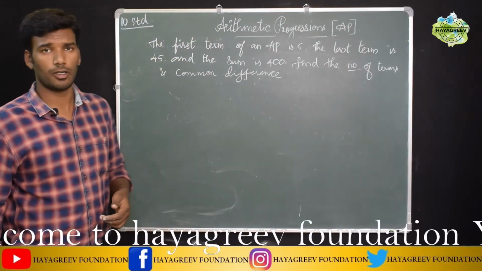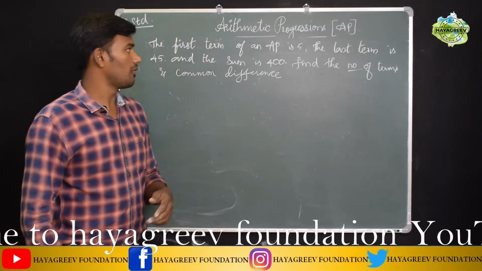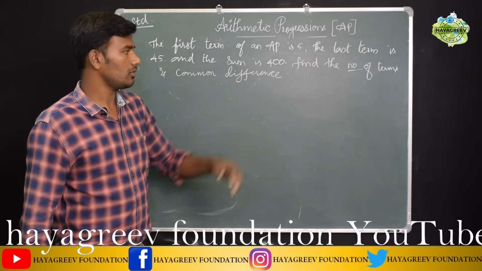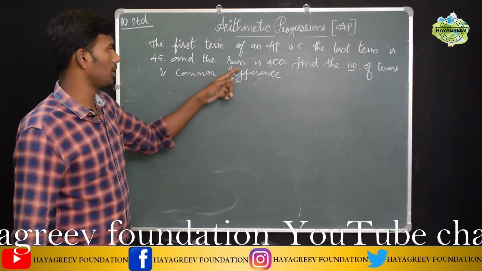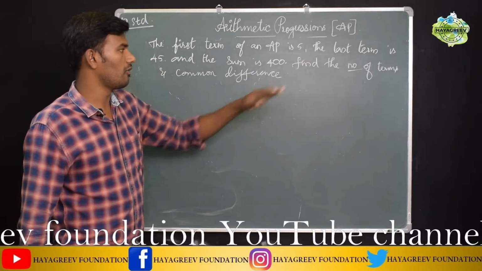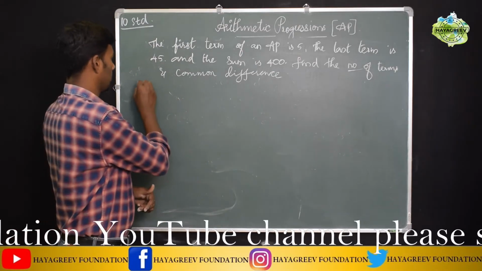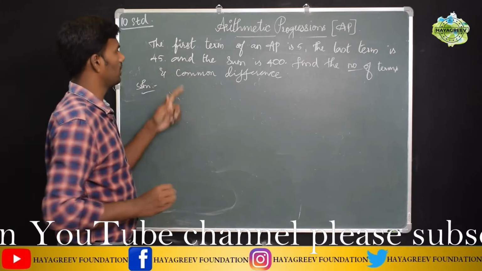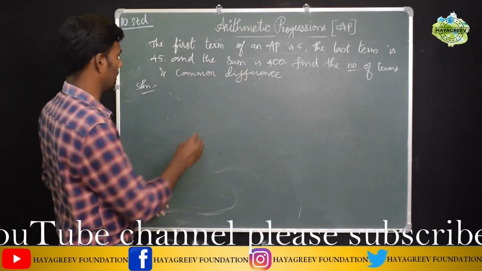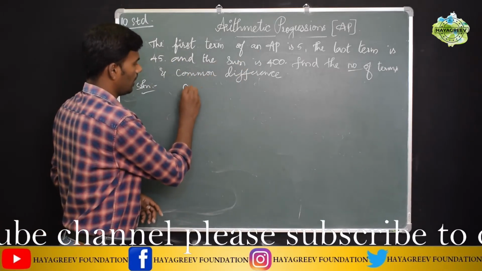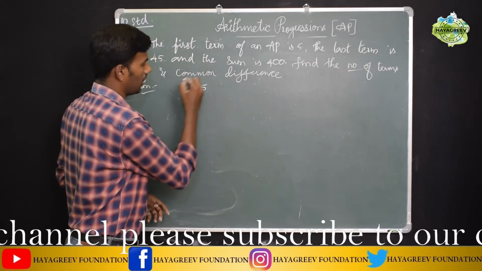So next sum: the first term of an AP is 5, the last term is 45 and their sum is 400. Find the number of terms and the common difference. So let us write what is given first. The first term of an AP is 5, so a is 5.